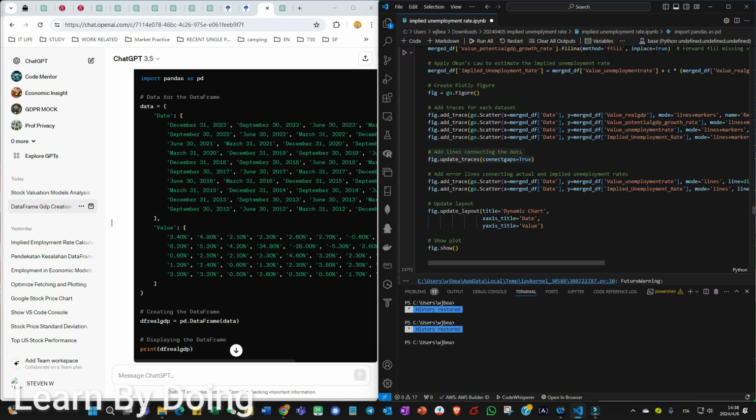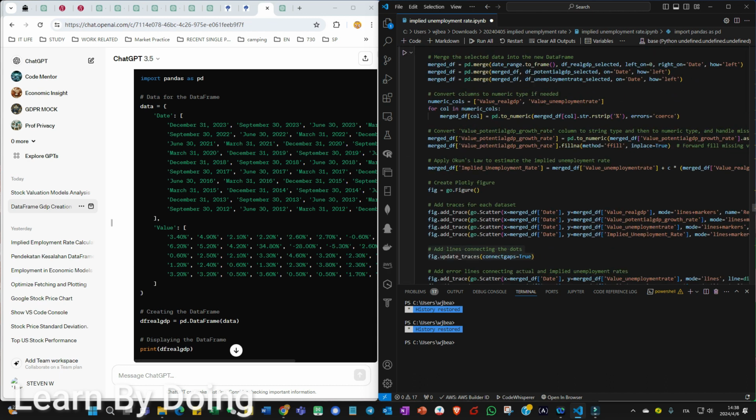Basically, after all this coding, merging the data frame, calculation, and so on, you can see here is applying Okun's law to estimate the unemployment rate.